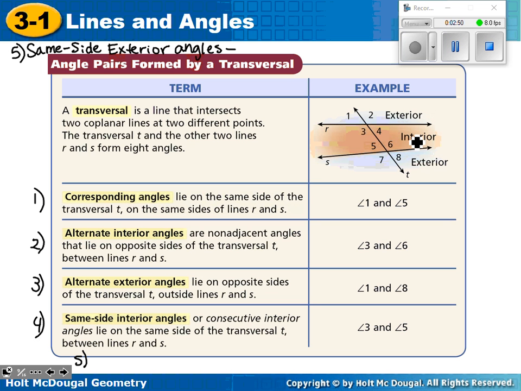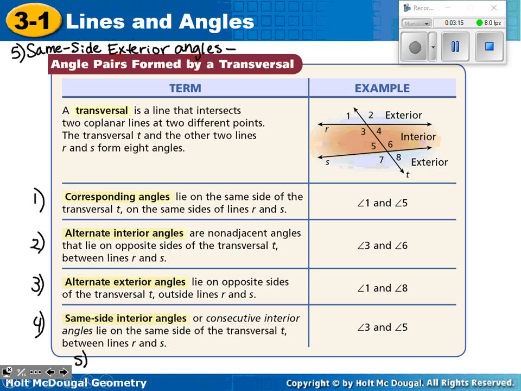There are 8 different angles in the picture, but 5 types of angles. And so what you're going to have to do in this part of the lesson is figure out which angles are these 5 types, and you're just going to be picking them out. This is essential for being able to be successful in all the rest of the sections in Chapter 3. If you can't identify the angles correctly, you will not be able to work anything else. So this is huge, okay?